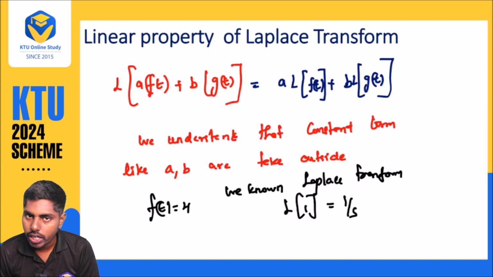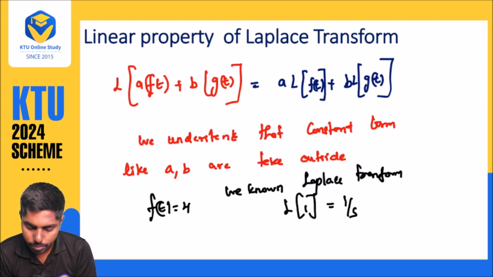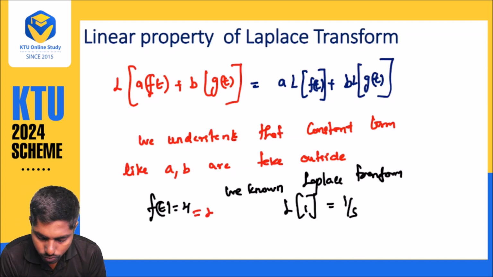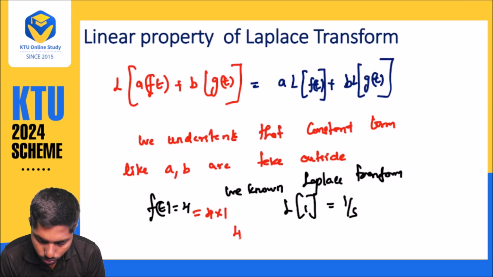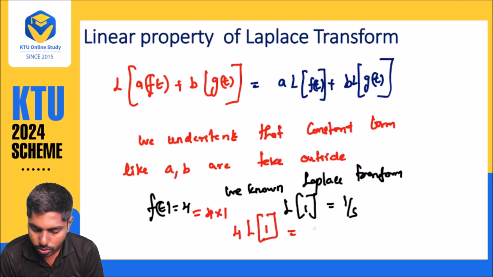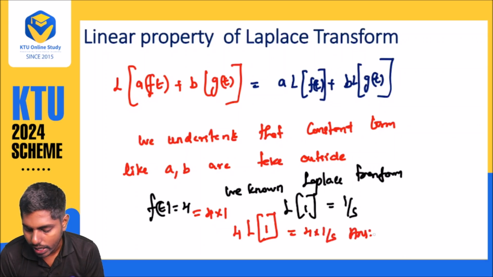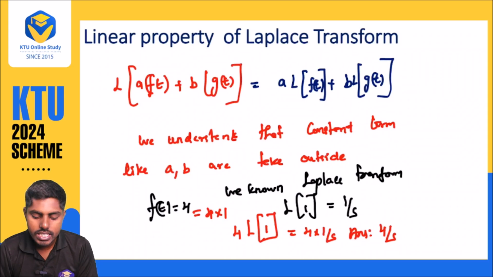Here they have given 4, so we can write 4 as 4 into 1. I take 4 outside and take the Laplace of 1, so it becomes 4 into 1 by x. So our answer is 4 by x. This is the way they ask about the linear property.